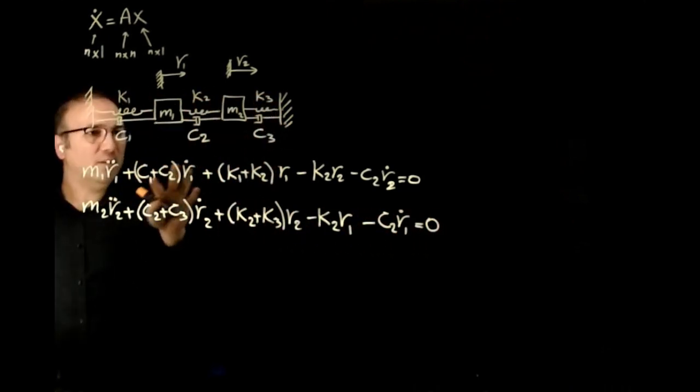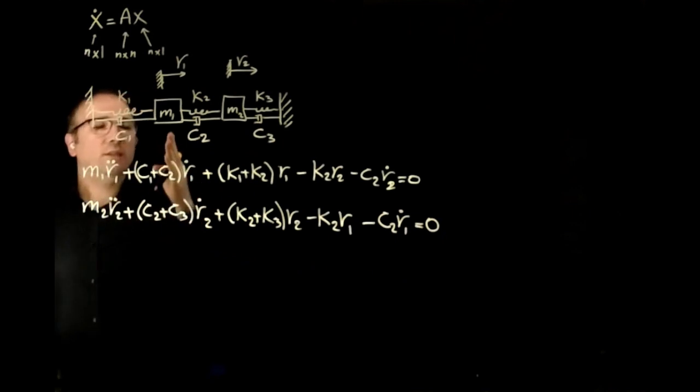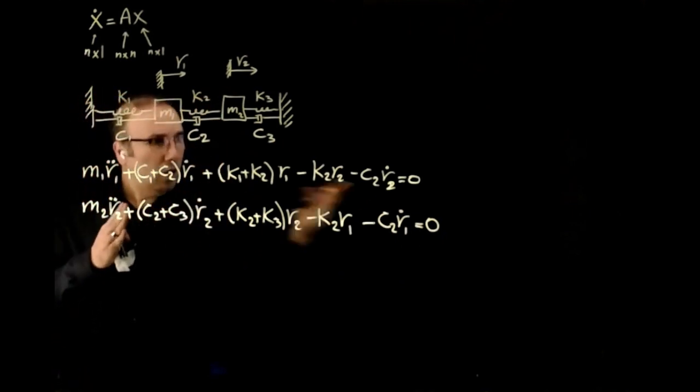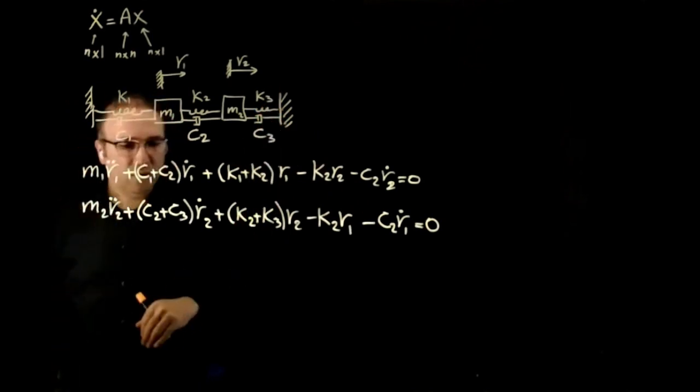So I did some factorization in R1 dot, and we assume that, for example, these two are fixed ends.